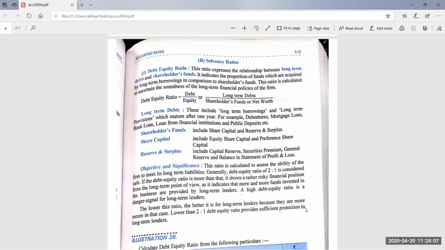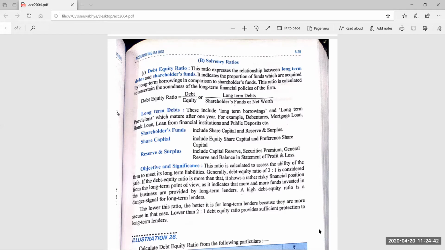First part, write down debt to equity ratio or debt equity ratio. Second part, write down total assets to debt ratio. Third, proprietary ratio.